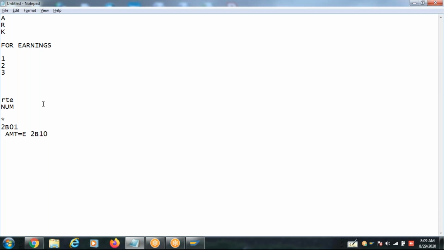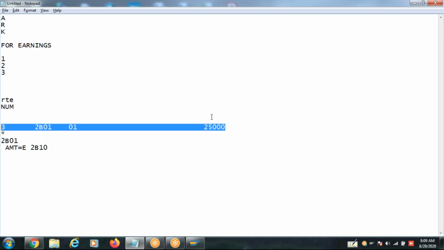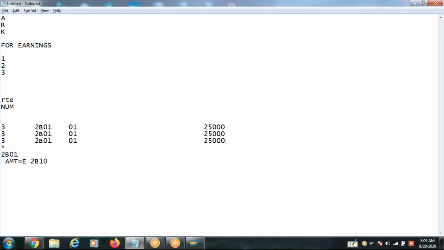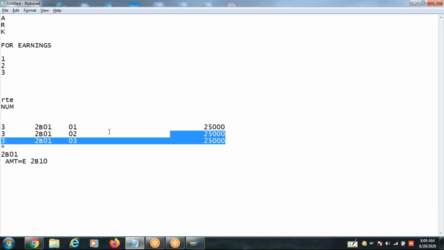See, it is like this. Let me explain here. 2B01, 01 split, and it has 25,000. So there are three entries of 2B01. First thing, why are these three entries not added into a single entry?